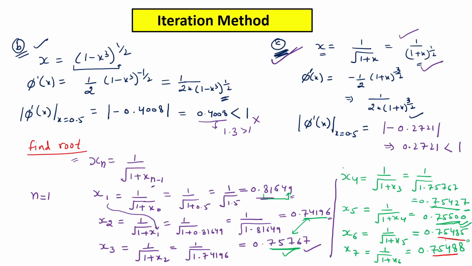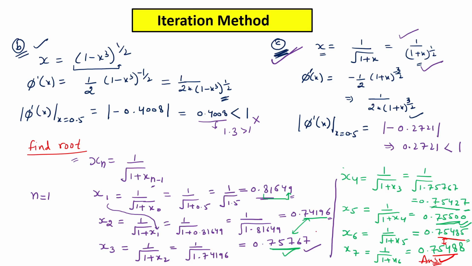So here 4 digits of both x6 and x7 after decimal places are matching. That means we can now stop, and this 0.75488 that we have got as the value of x7 is my final answer, or you can say this is my root of the given equation.